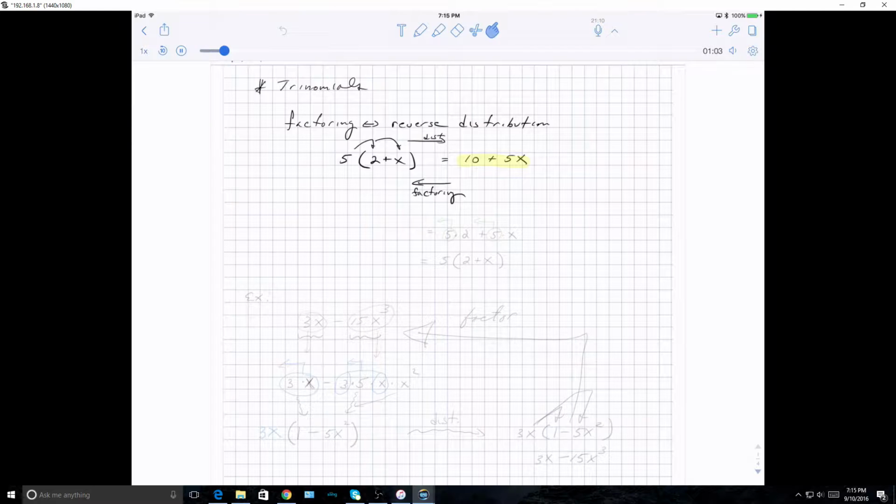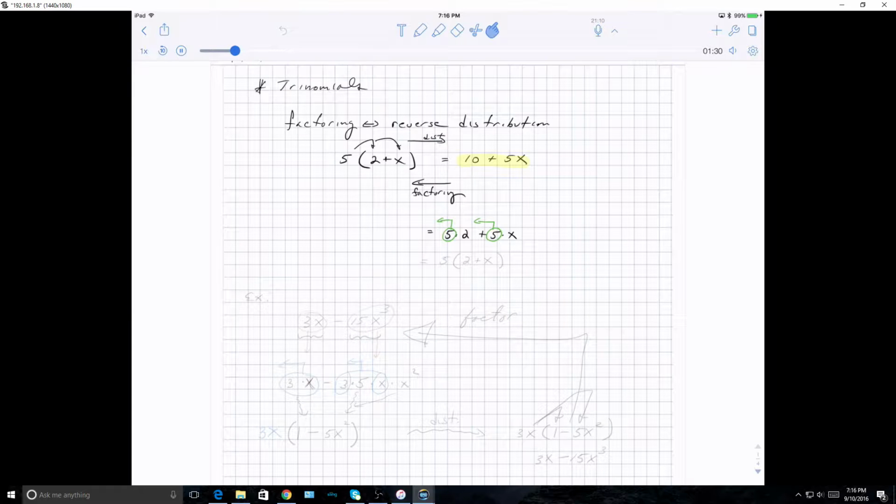So we can rewrite this as the 5 times 2 plus the 5 times x. And now it's very easy to see that each of these terms has a factor of 5. So what we're effectively doing is pulling out a 5 from each one of these terms.